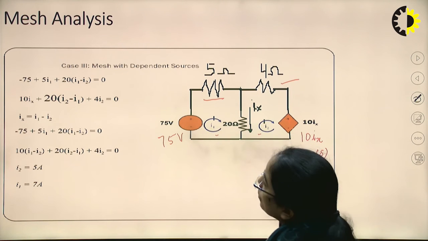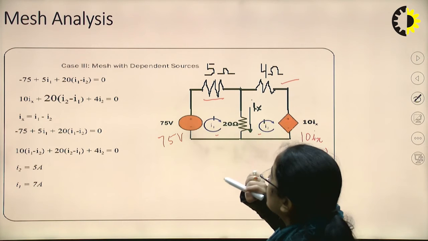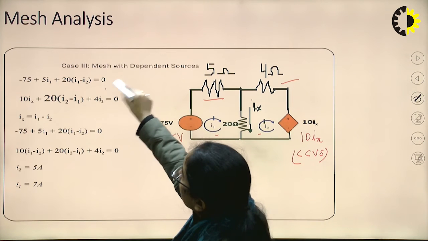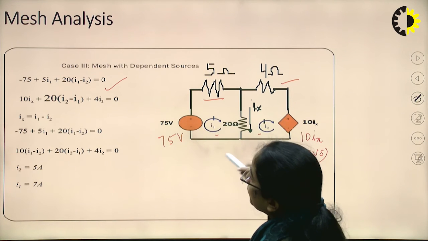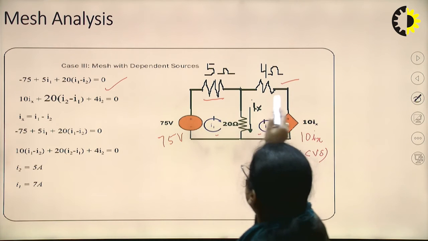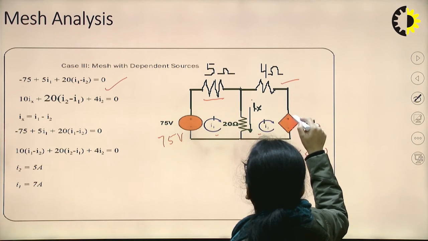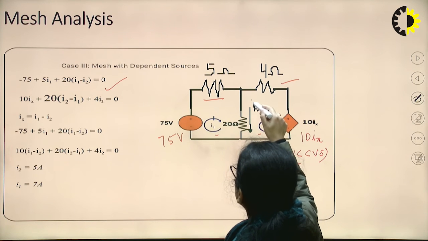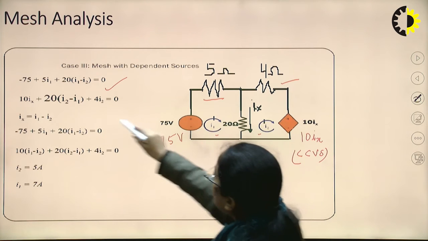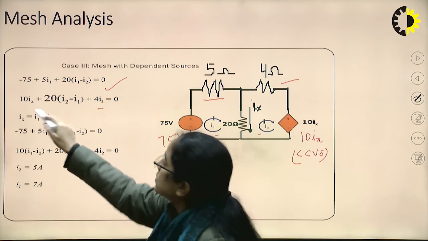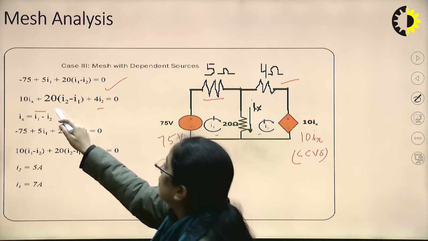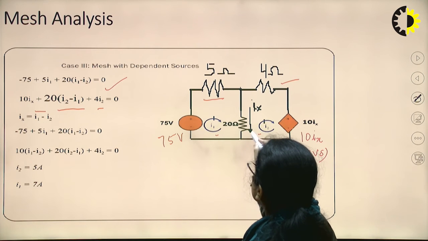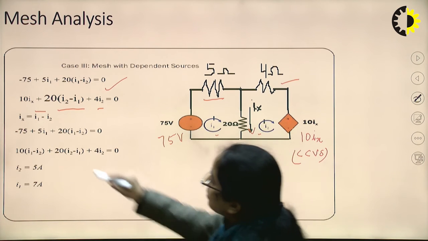Now we will write the equation. 5 I1 plus 20 (I1 minus I2) equal to 75. In this mesh, 4 I2 plus 10 Ix, where Ix is the current, plus 20 (I2 minus I1). Here Ix is I1 minus I2.